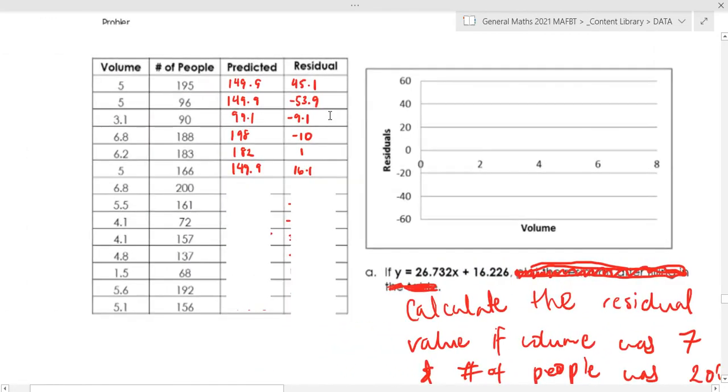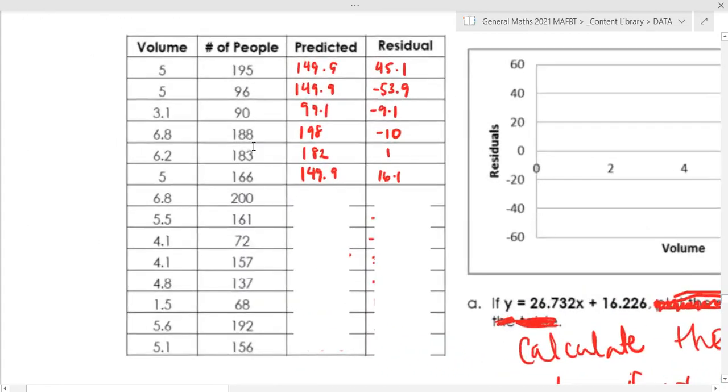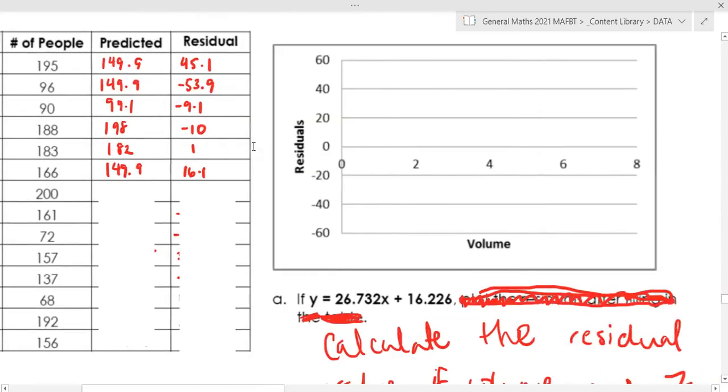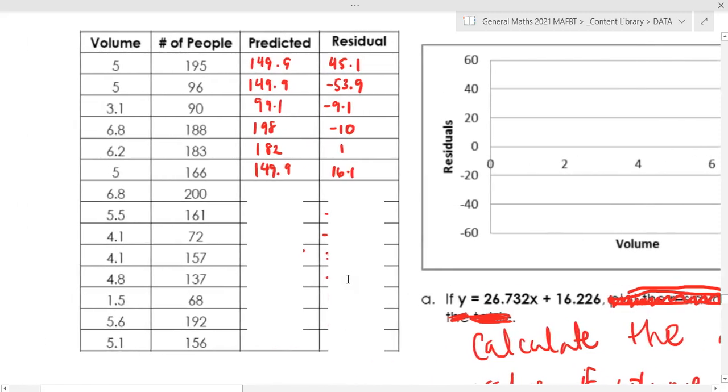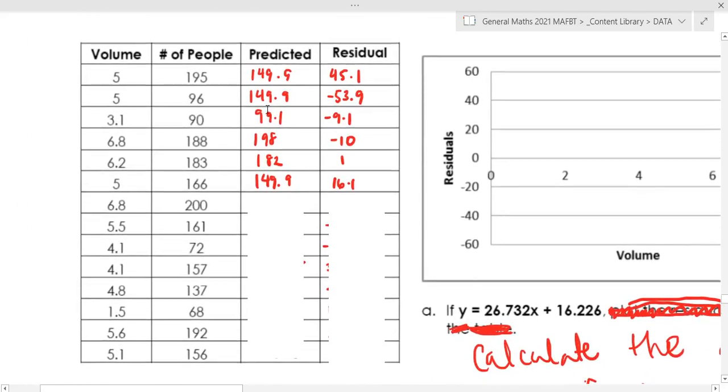I've already gone ahead and done this in my calculator. I've got my formula there already, and I've scribbled this out because I don't think it's as relevant in year 11. It's more so in year 12 that we do what I scribbled out here, but here it's the same procedure.